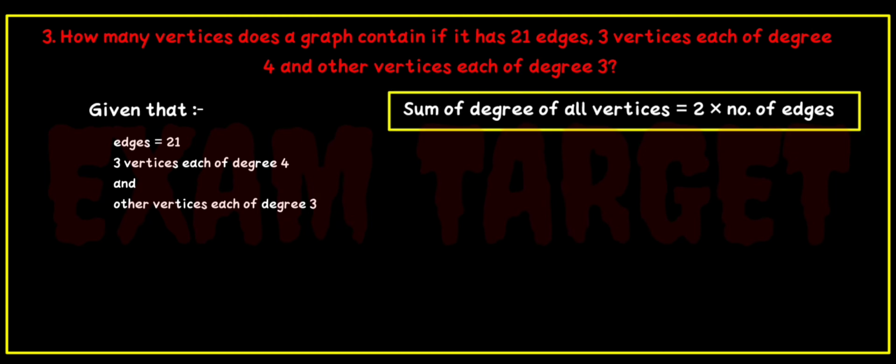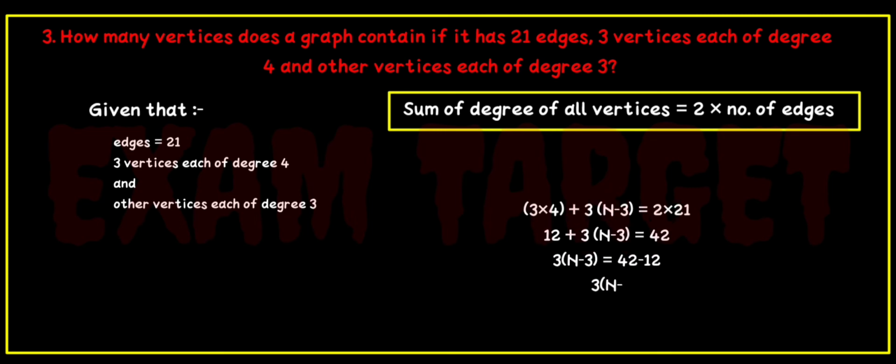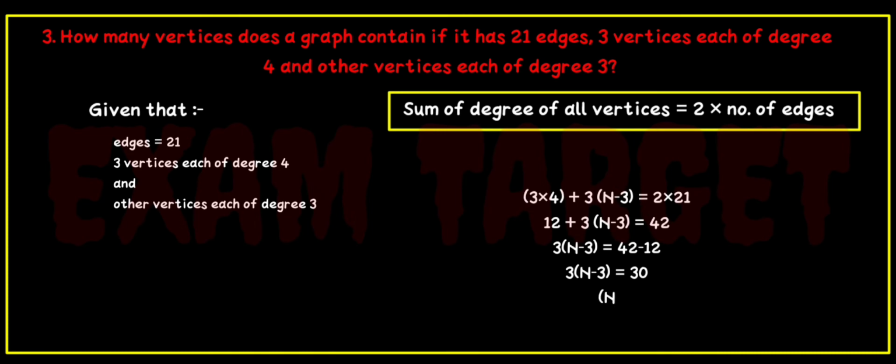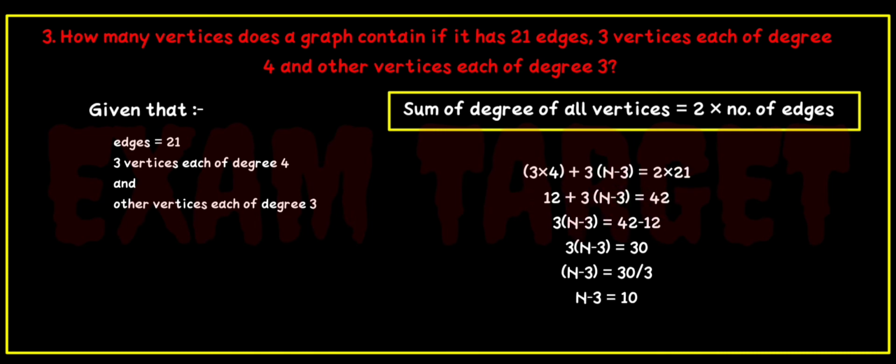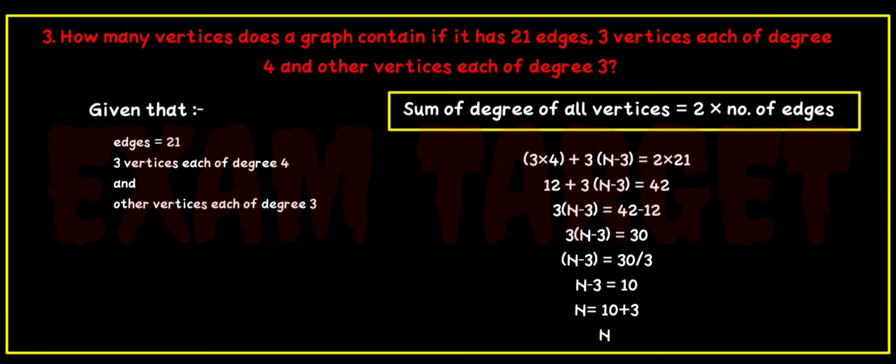Let there be n vertices in this graph. According to the given data, 3 vertices each of degree 4 and other vertices each of degree 3. After solving this problem, we get number of vertices capital N equals 13.